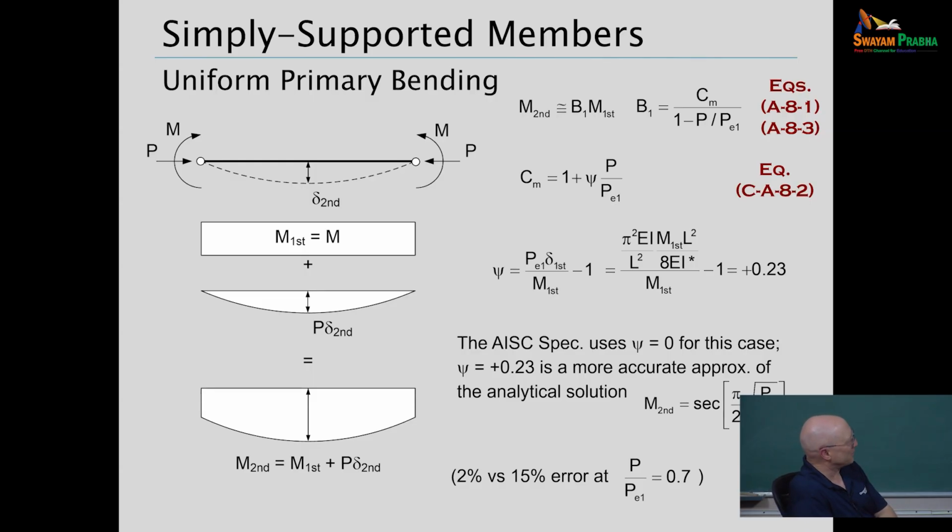Now, from theory of elastic stability, the rigorous solution by Euler-Bernoulli beam theory is shown there, the secant of pi over 2 times the square root of P over PE1, times M first.